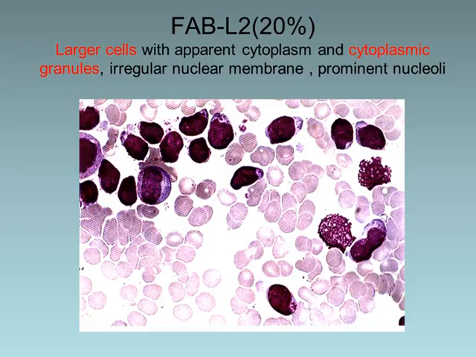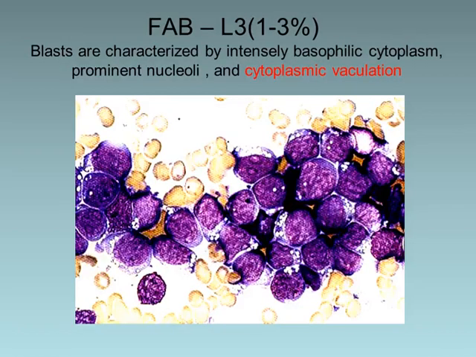While L2, 20%, the cells are larger with apparent cytoplasm, cytoplasmic granules, irregular nuclear membrane, and prominent nucleoli. The L3 is larger and characterized by intensely basophilic cytoplasm, prominent nucleoli, and the presence of cytoplasmic vacuoles.